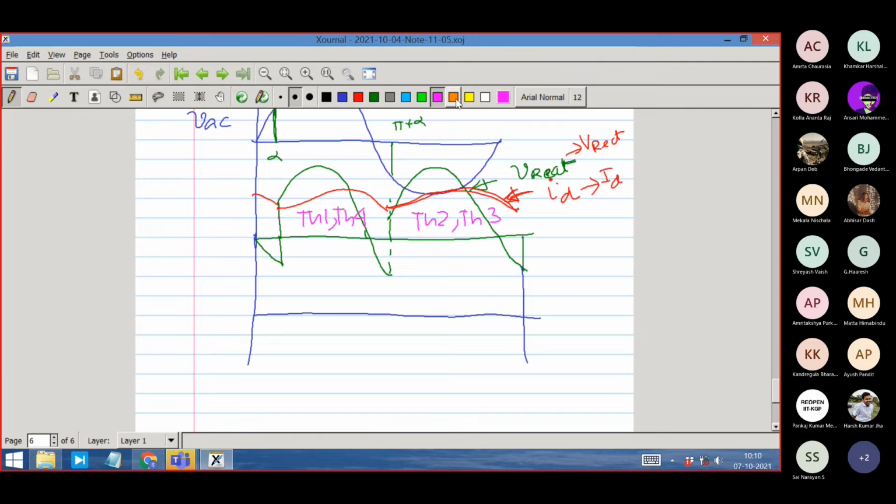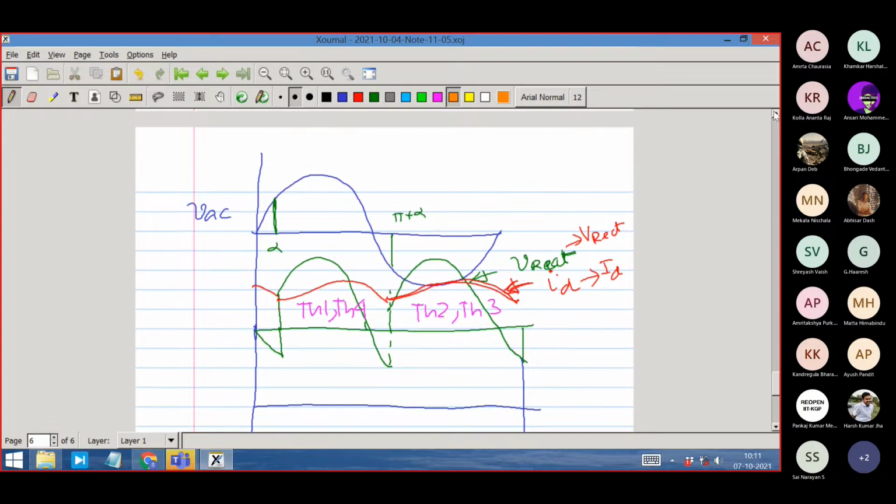I will sketch it in this color. Let me draw it here so that you get a better feel of the waveform on the AC side. So this one, the current is this, and then just invert it, right? Only be careful that you come back to the same point, because it is periodic. You also are aware that it is AC current, so this area would be equal to this area.